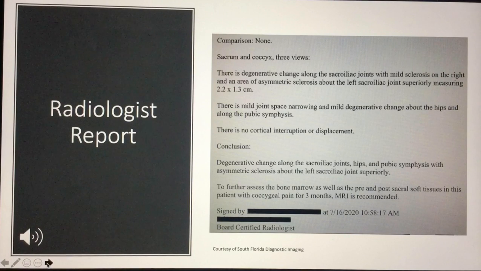They have asymmetry of sclerosis and narrowing of the joint spaces. In conclusion, it suggests the patient have a further checkup by the doctor to prescribe an MRI and maybe a bone marrow study.